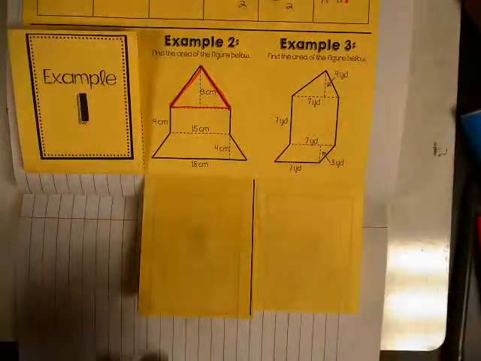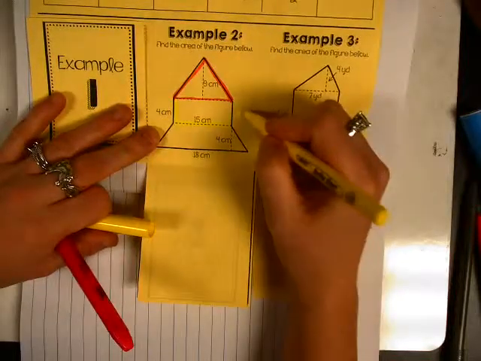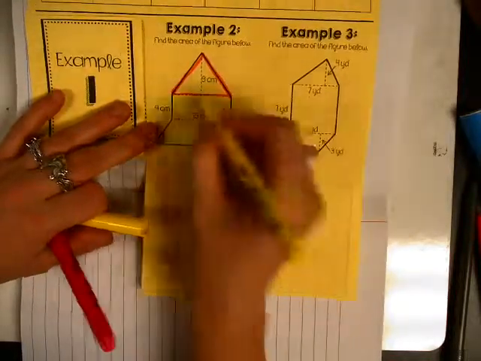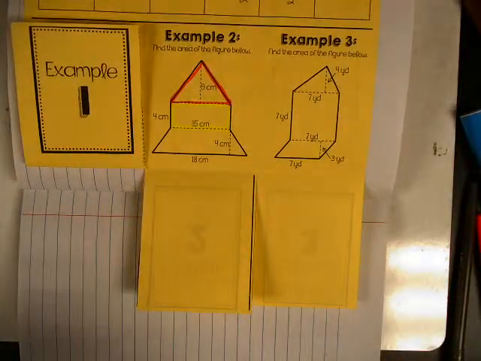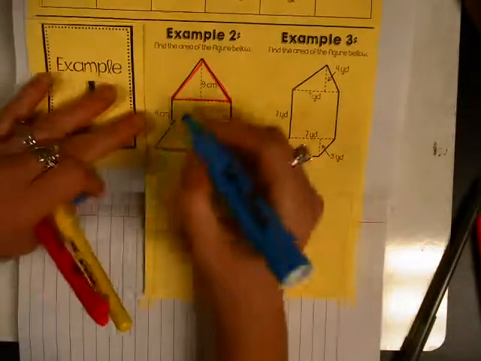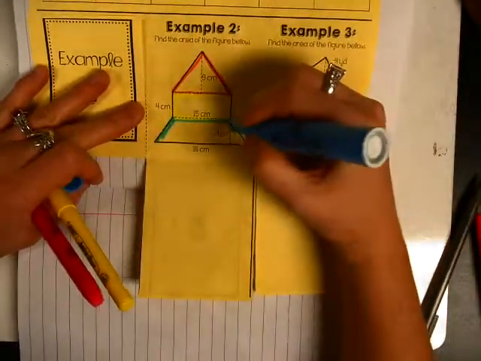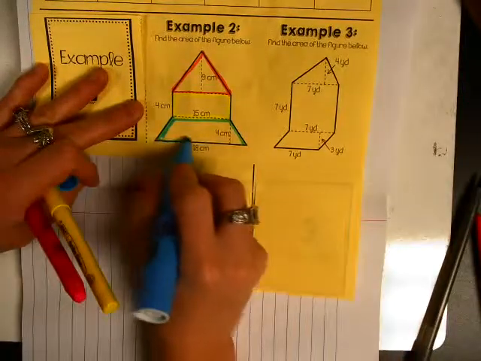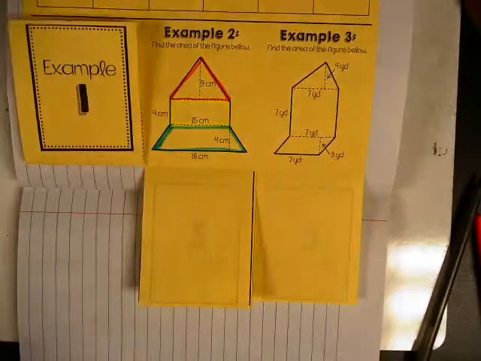I see a rectangle, and I don't know if you'll be able to see that in the highlighter. You can barely see my highlighting. And you see a trapezoid. These are the shapes that you're going to be dealing with.